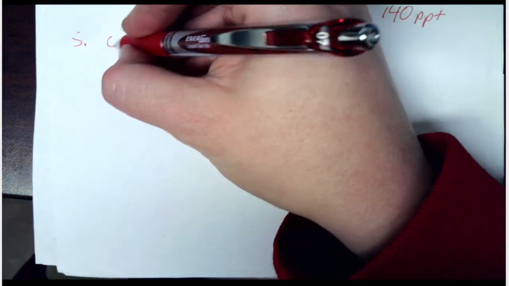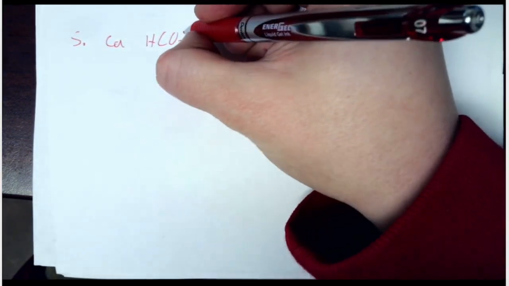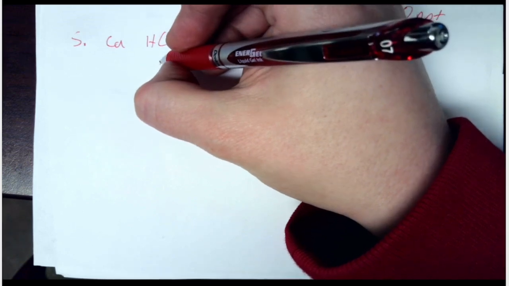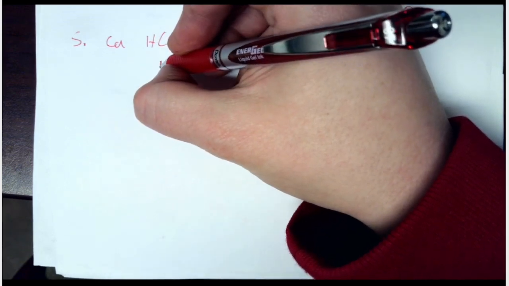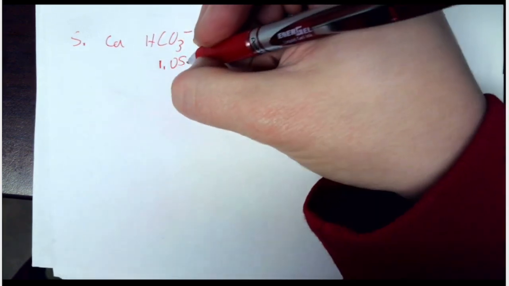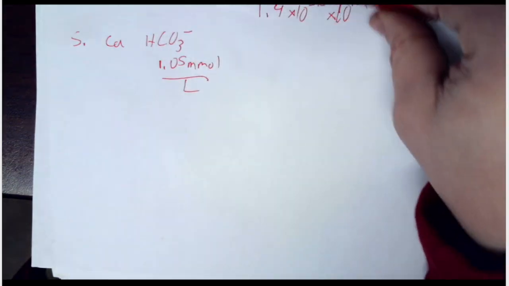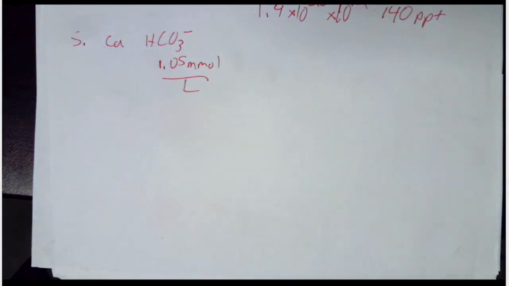So if we have mostly calcium and hydrogen carbonate, and the concentration of this is 105 millimoles per liter. Okay, this one is a little bit more challenging.